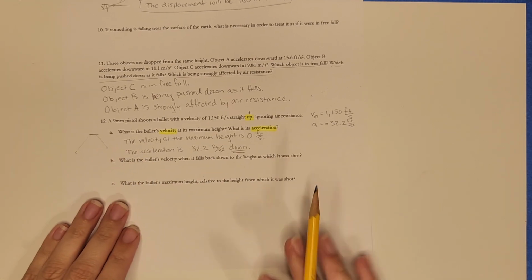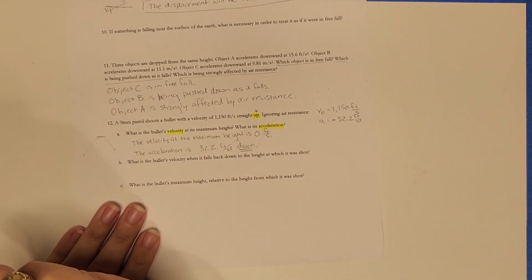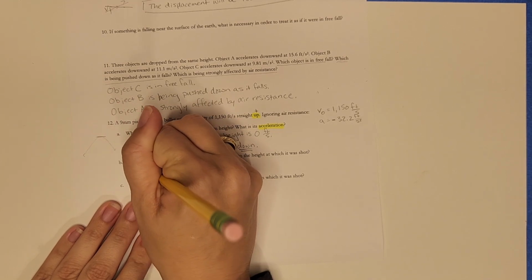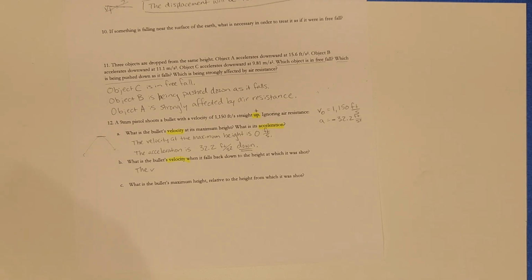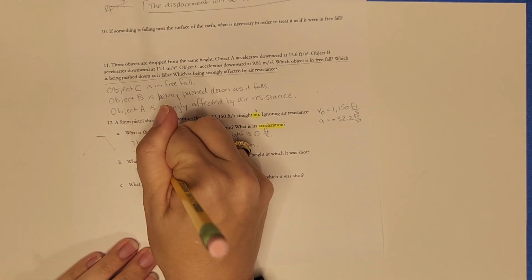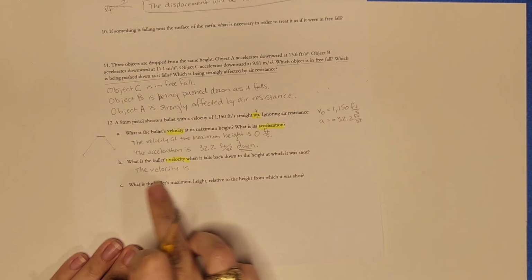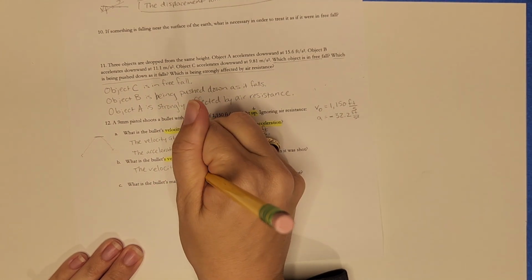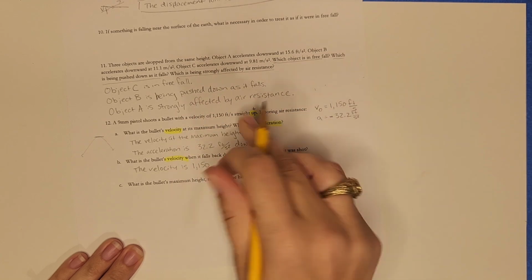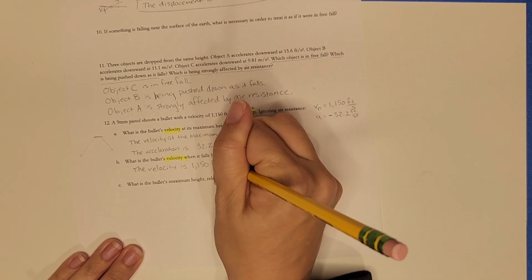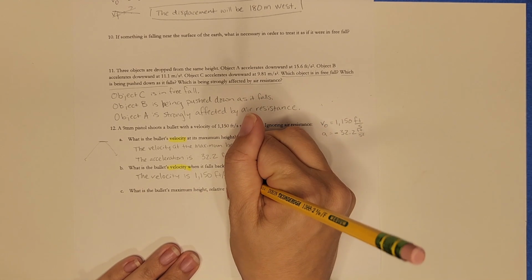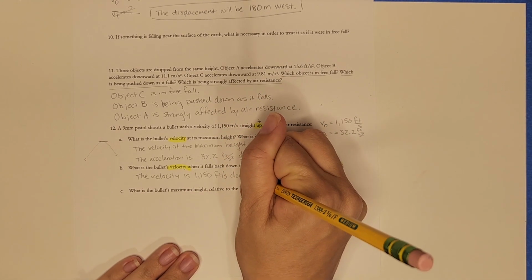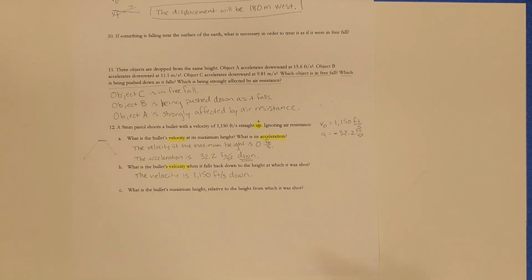Okay, so the velocity here, okay, let's do this. Velocity is 1,050 feet per second, but now instead of up, it is down. Okay, and you can say downward or whatever.